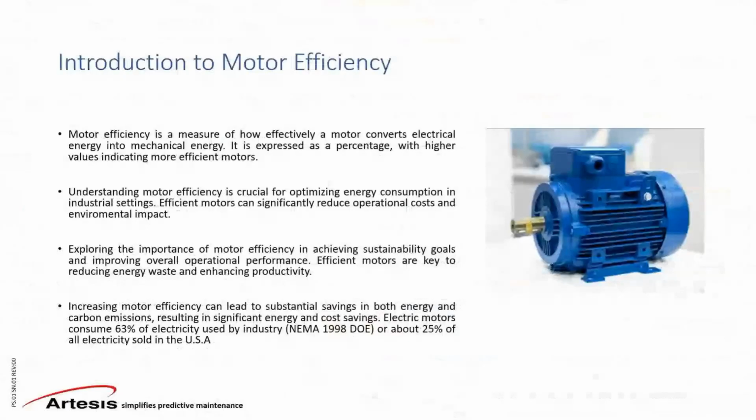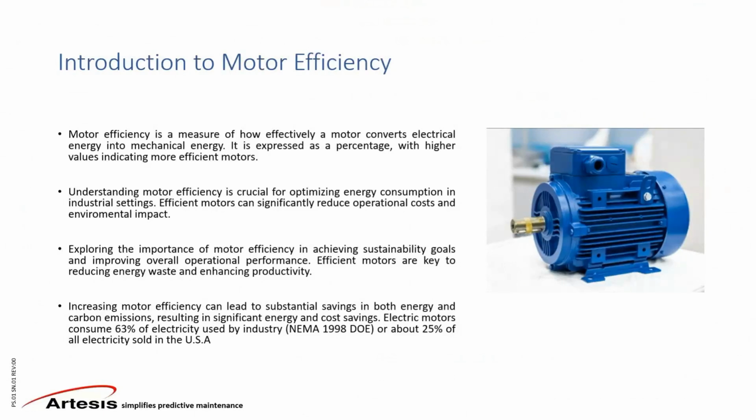What is motor efficiency? Motor efficiency is essentially the ratio of the output power of the motor to the input power, where the input power to the motor system is the electrical energy, which is then converted to mechanical energy by the motor itself. That's the output shaft power.